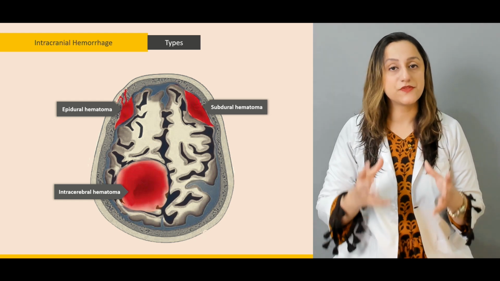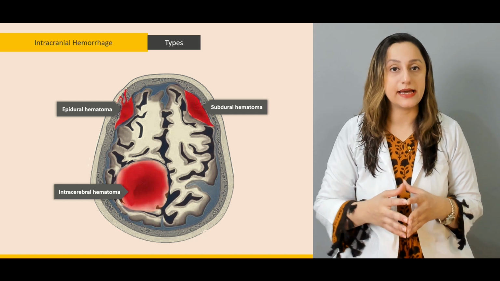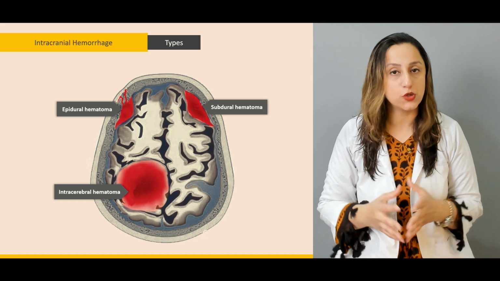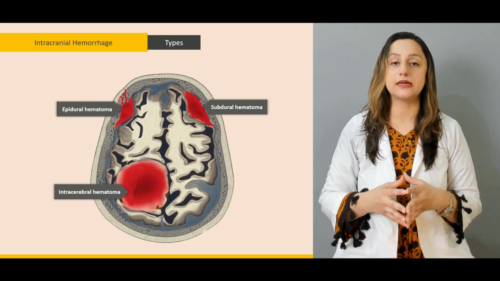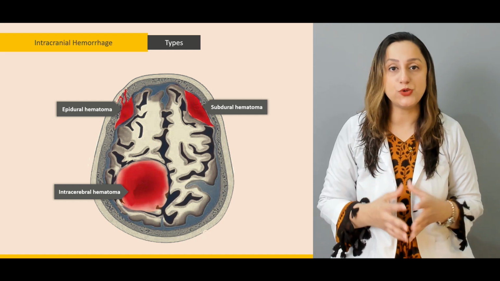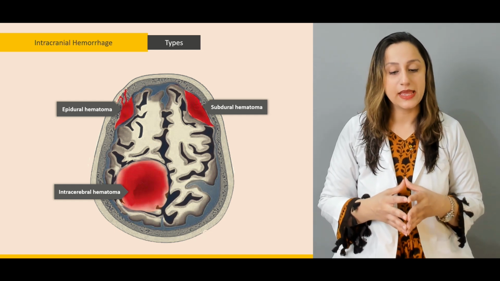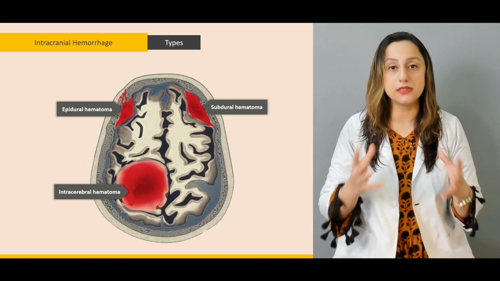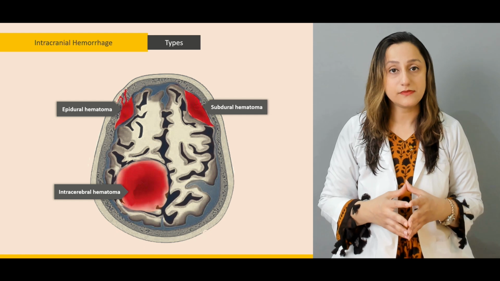So again, it's very important to focus on the fact that whatever lobe is affected, either it is the frontal lobe, usually the patients in which the frontal lobe is affected present to you with arm weaknesses. Then we can have patients with the parietal lobe affected.